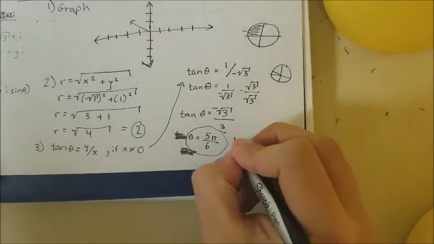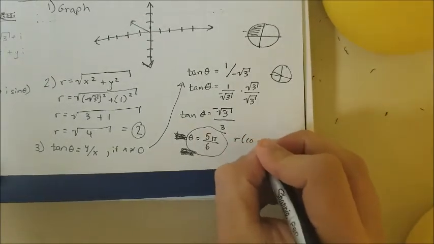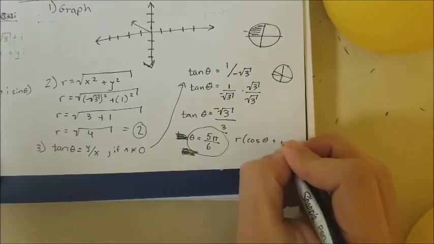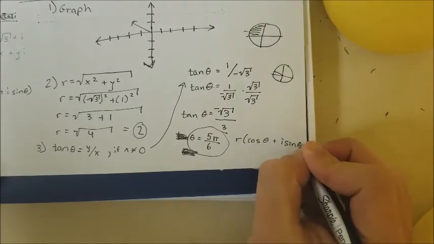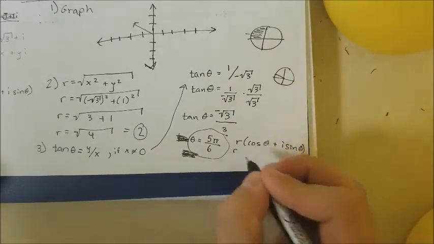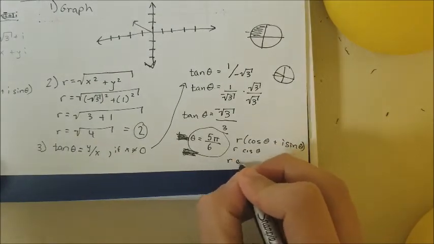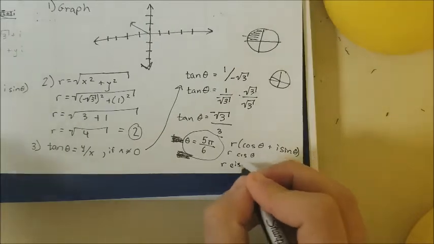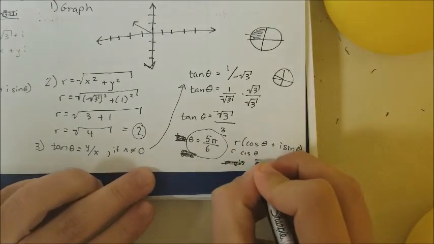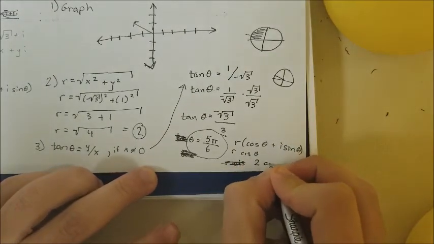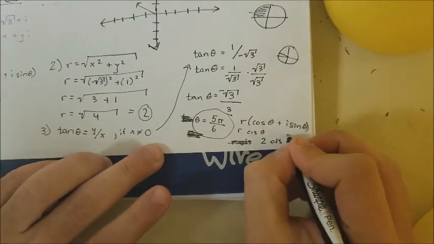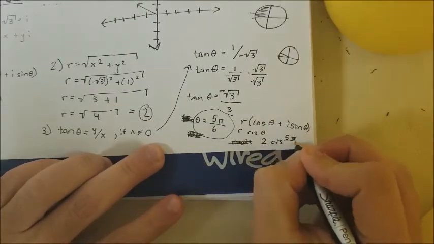To write it out, remember, it's r times cosine theta plus i sine theta, or r cis theta. So we're going to do 2 cis 5 pi over 6.